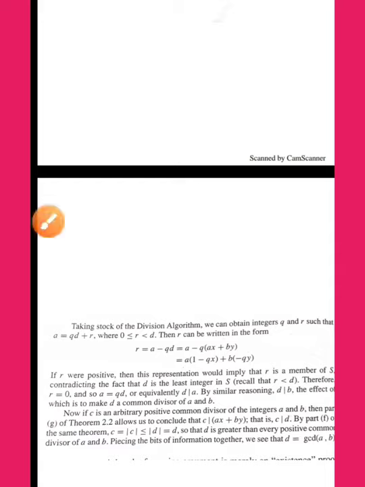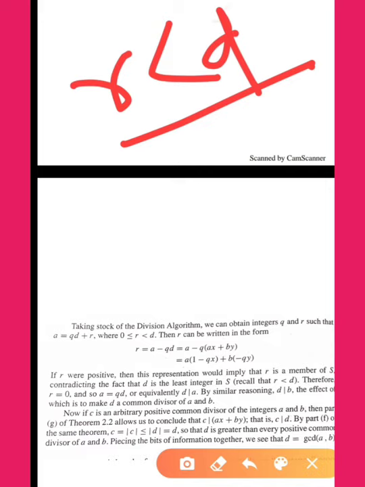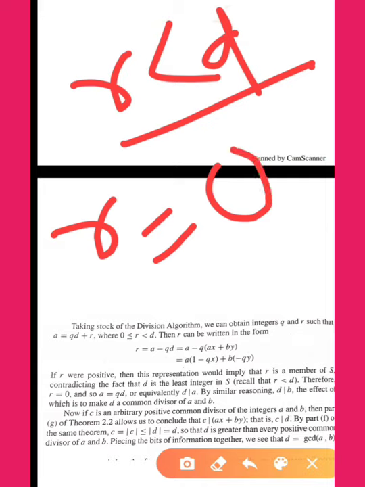But then r is a member of S, and r is less than d. But d is the smallest integer of S. We arrive at a contradiction, and this is not possible. Hence there is only one possibility, that is r equals 0.